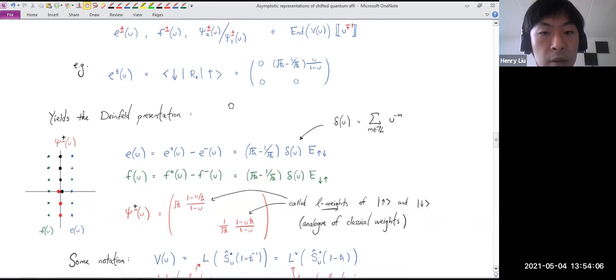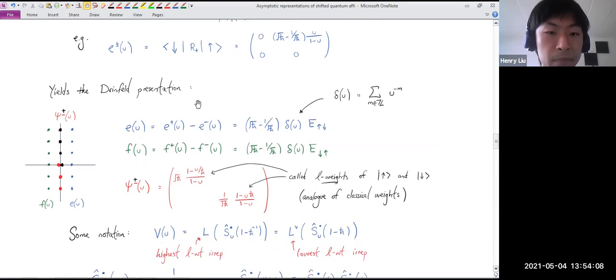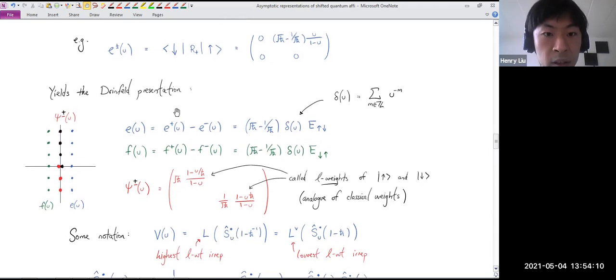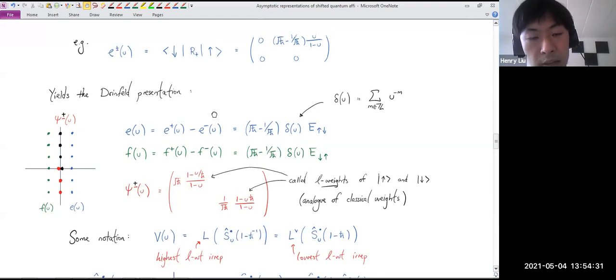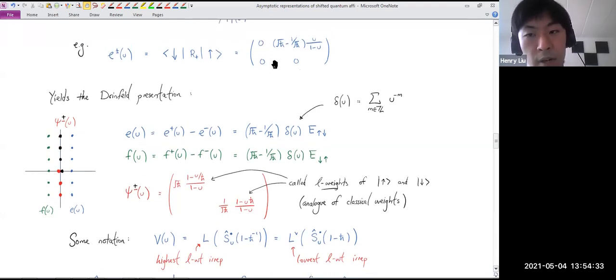And so actually the more conventional way to write this is, if you call the expansion around infinity E plus and the expansion around 0 E minus, you take E plus minus E minus. And so you get this infinite series in both negative and positive powers of u. This is E of u. And we can see from our very explicit 2x2 matrix that E of u looks like this.